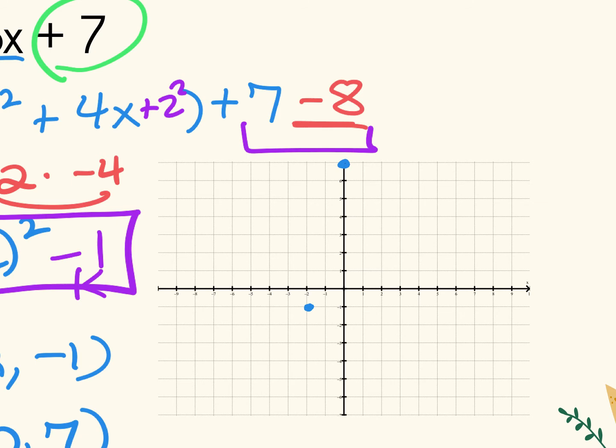I'm going to draw in my axis of symmetry, because to get my third point, to get the left side of my parabola, see how this point is 2 spaces away? I could go 2 spaces away over here. It's like a reflection. And now I can graph my parabola. So I can connect them.